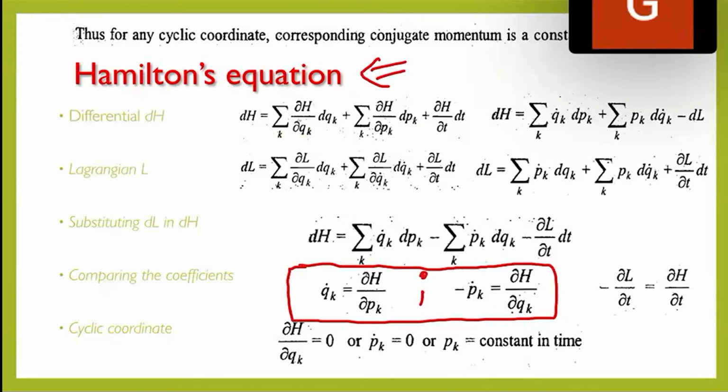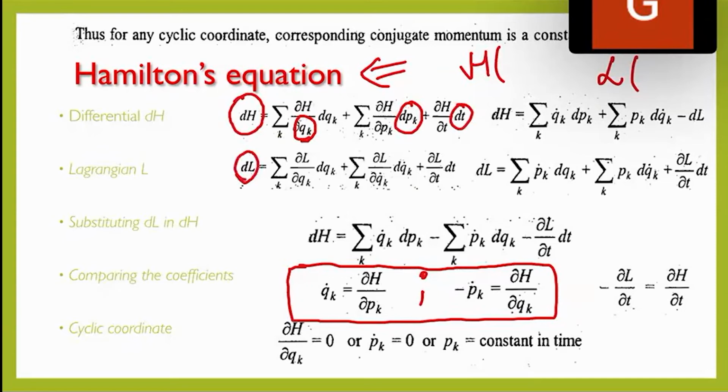We should know what variables H depends upon and what L depends upon. First, taking the differential of H, we know H depends upon the generalized coordinate, the generalized momentum and time. This is how I can write dH. Similarly, I will write dL.